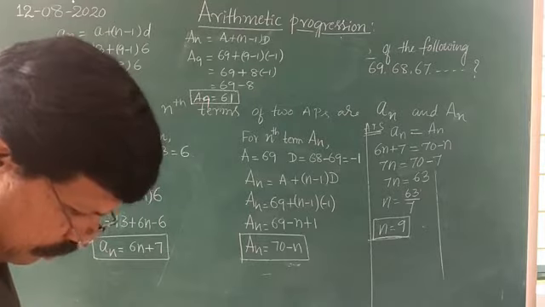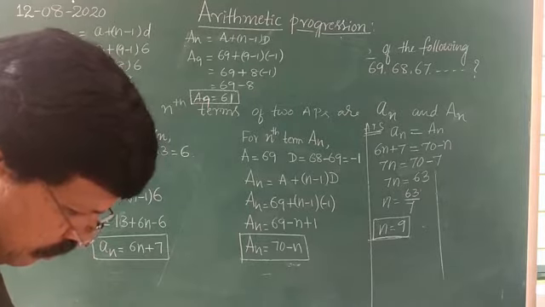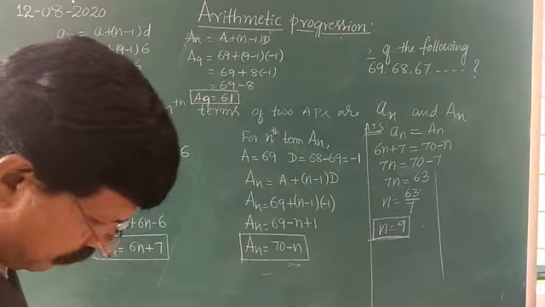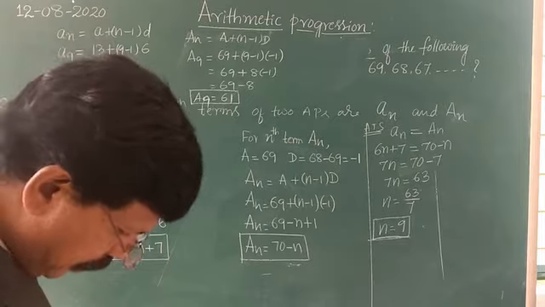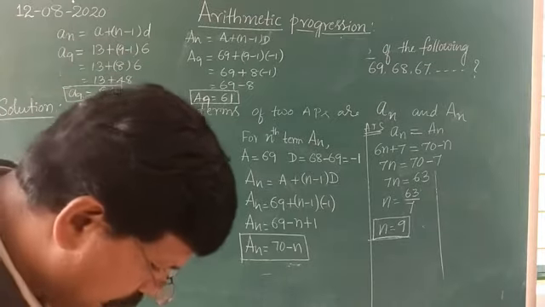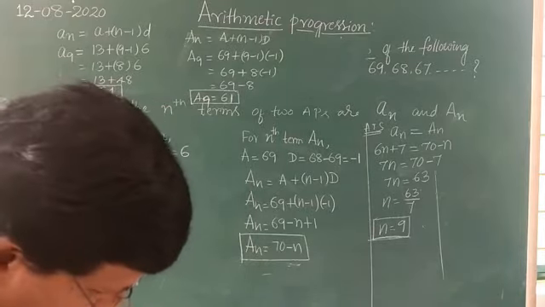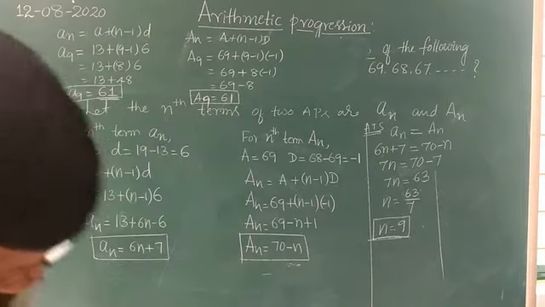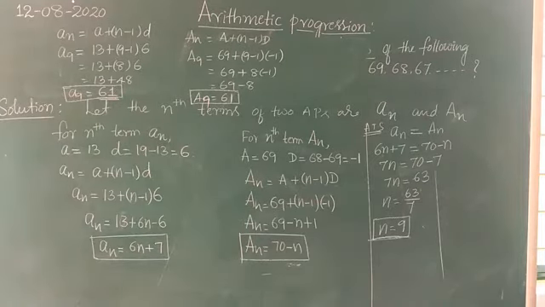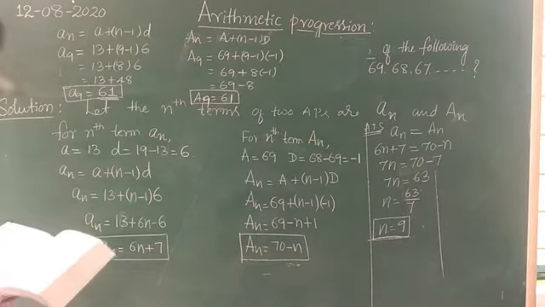Now next, in a given AP, we will take one more of this type, which is the same one. For what value of n?